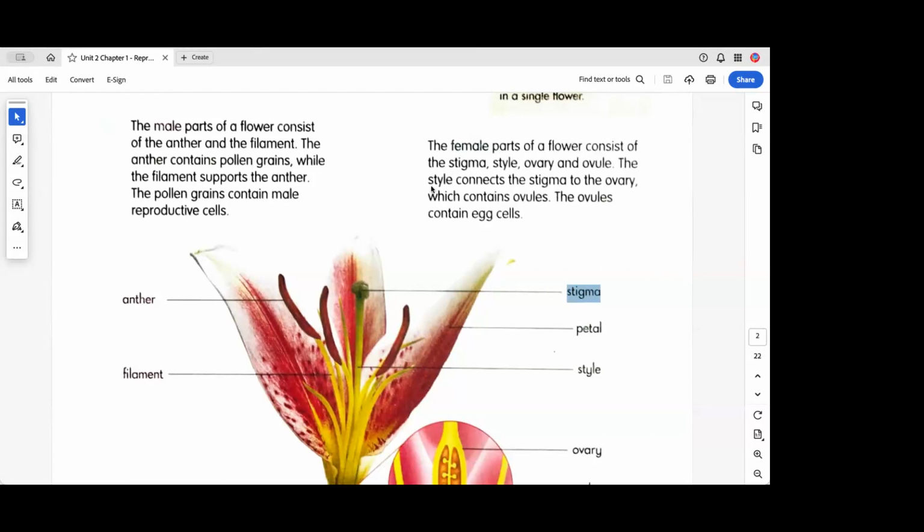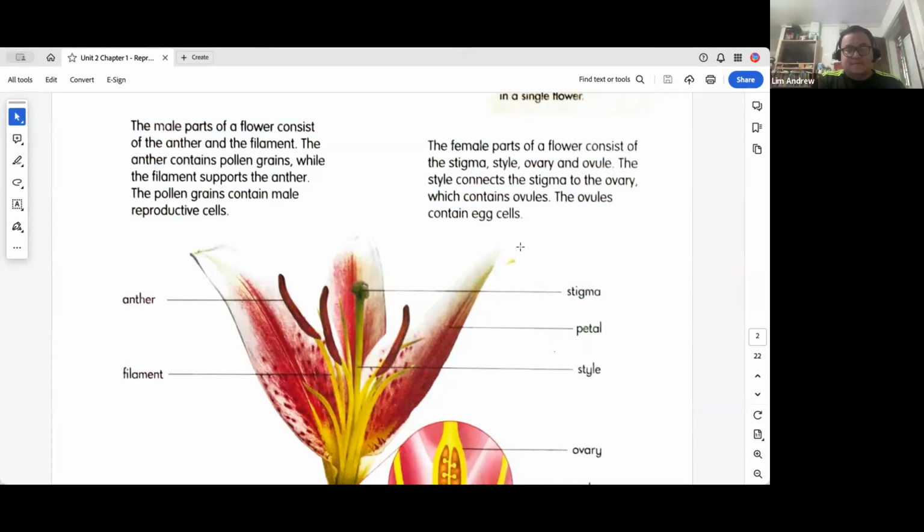The pollen grains contain the male reproductive cells. As for the female part, it contains the stigma, style, ovary, and ovules. The style connects the stigma to the ovary. So when the pollen grain touches the stigma, it will travel down all the way from the style to the ovaries.